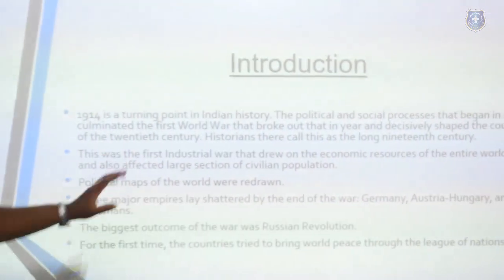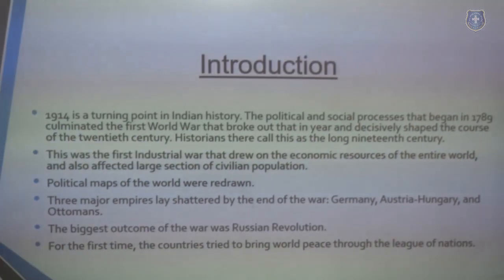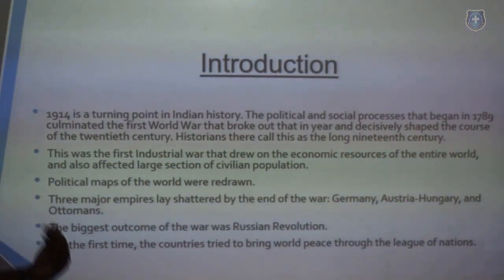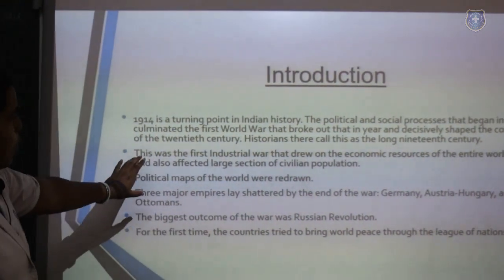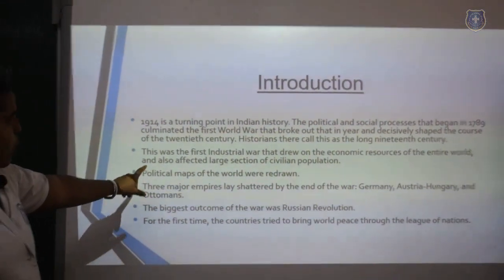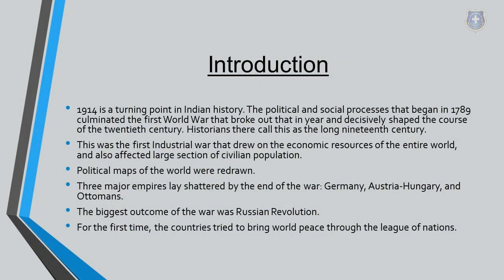The first thing is we are going to see all the political and social issues, how that leads to World War I, and what the causes are for the outbreak of the World War. 1914 is a very important year in world history, and many political and social issues were found, and that led into the World War, which caused a great devastation in the whole era.